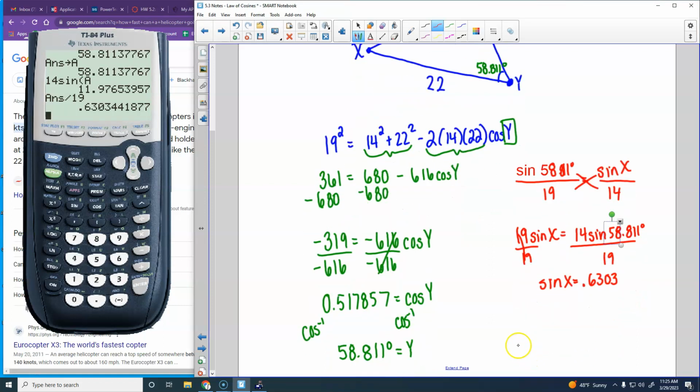And we will do sine inverse. So, sine inverse of that answer is going to be 39.076 degrees.